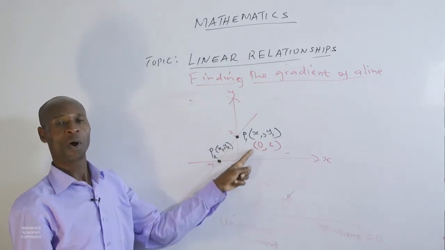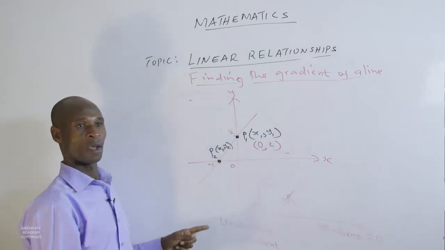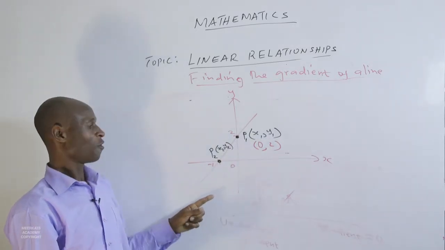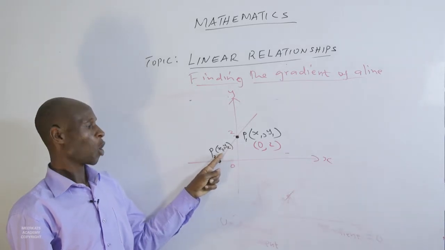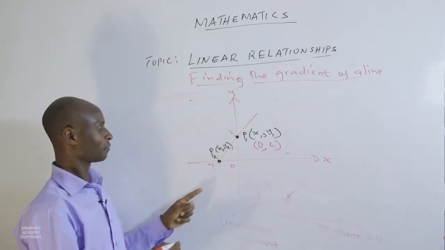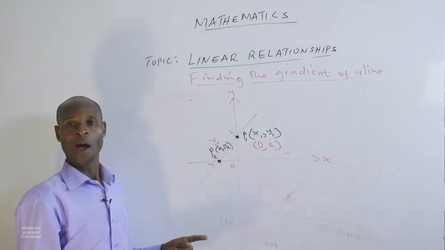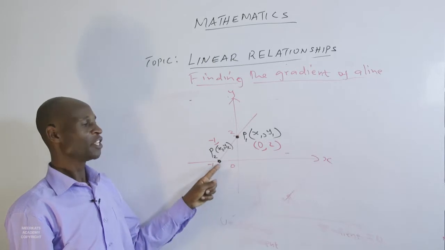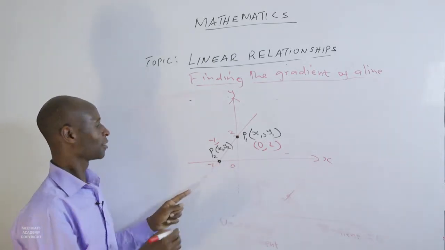So our point P1 is (0, 2). However, for our point P2, the x-coordinate is -1, while the y-coordinate is 0 because the graph is cutting the x-axis.